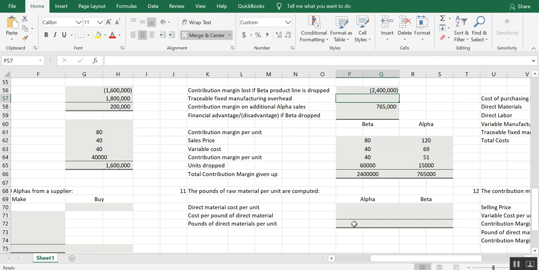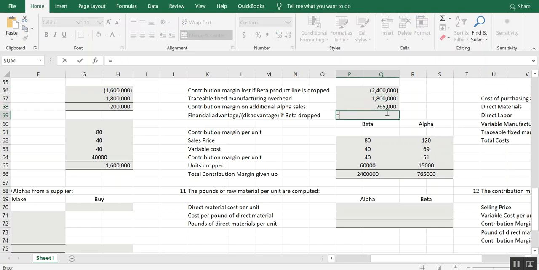Now we're also giving up the traceable fixed manufacturing overhead for beta. So I'm going to add that in here too. 1,800,000. So we're losing the contribution margin, we compute it here. We're adding the traceable fixed overhead, or well, we're losing that expense, so we're reducing the lost revenue by that expense, but we're picking up this additional contribution margin for the alpha.